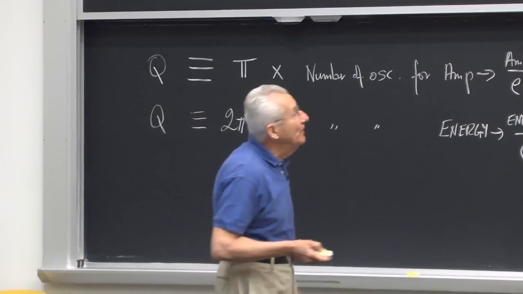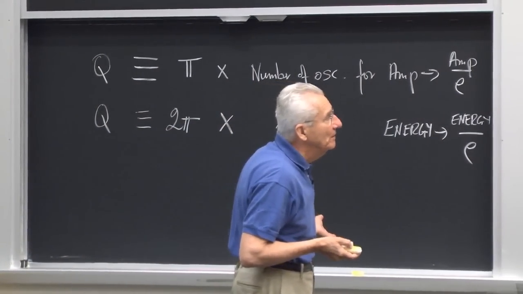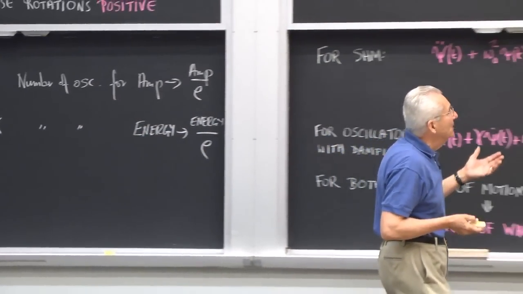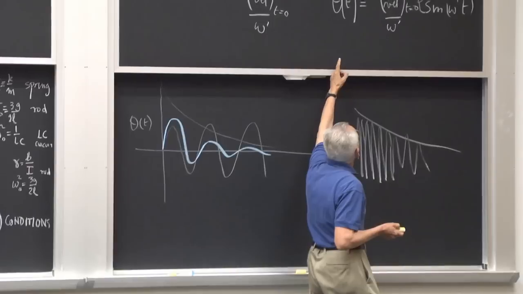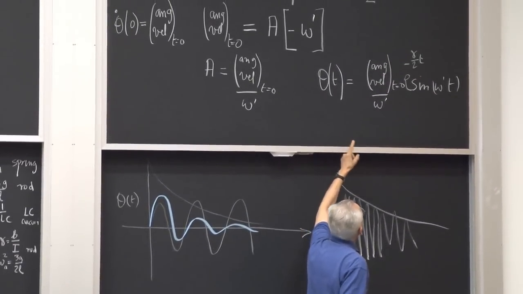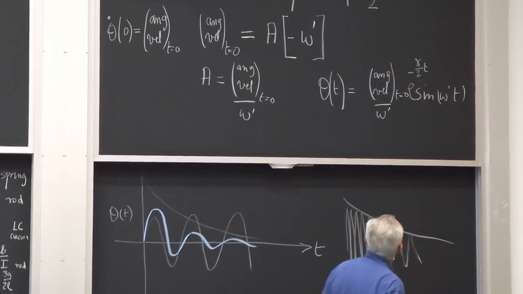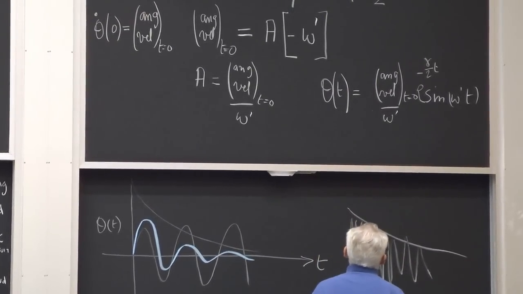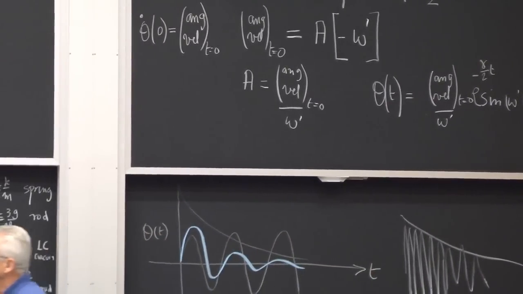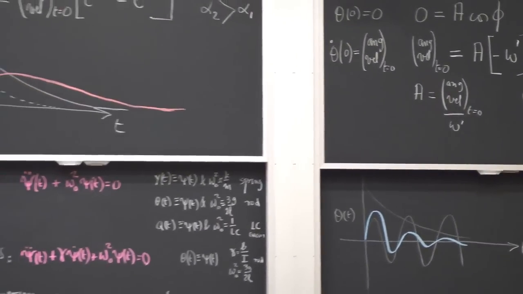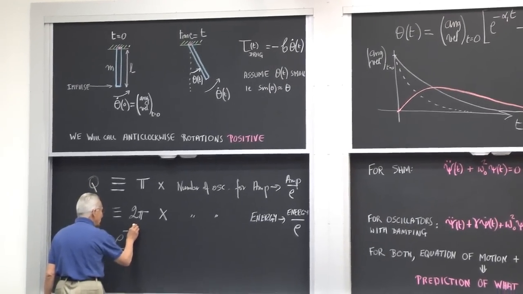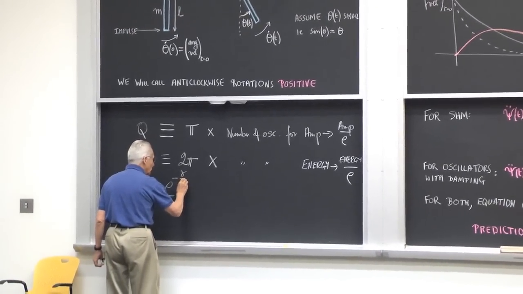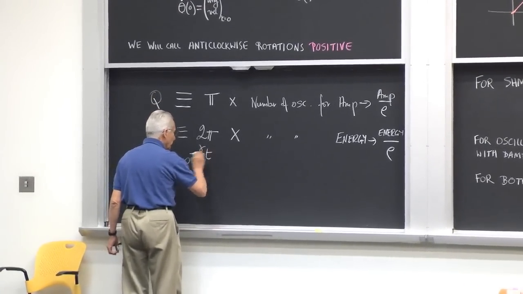Now, for this particular oscillator, we actually calculated the motion, how the angle changes with time. And we see that the amplitude drops like e to the minus gamma over 2 t.